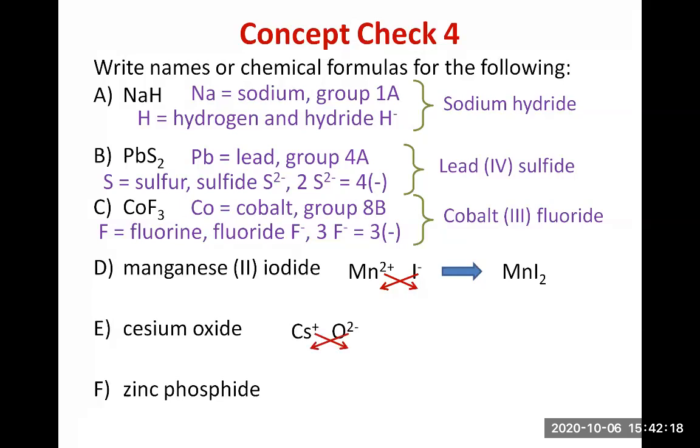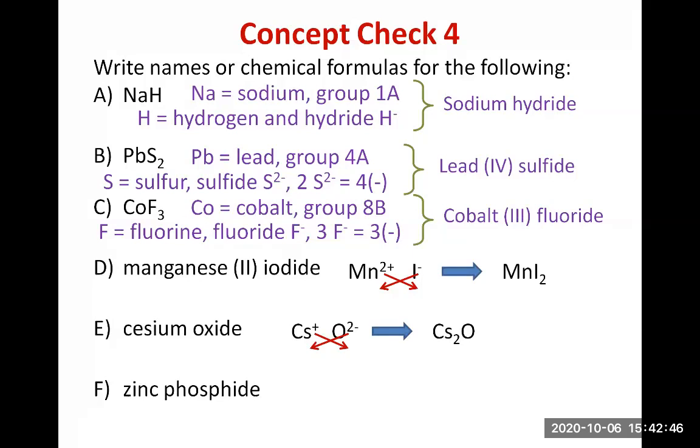You do the crisscross trick and you find that you need to bring the 2 from the oxide charges as a subscript for Cs, and then the 1 from the positive charge of cesium becomes a subscript for oxygen. And so the formula is Cs2O, 1 oxygen for 2 cesium atoms.